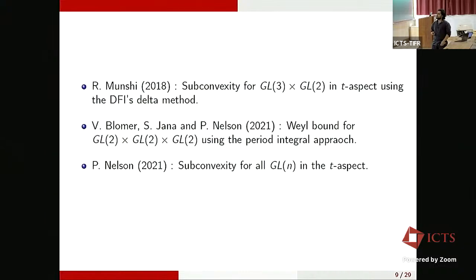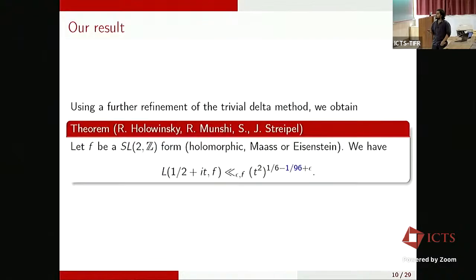So to summarize, the best we know beyond GL1 is the Weyl bound, and that's also just for GL2. So for GL2 we know Weyl, and for GL3 and higher, we are far away from Weyl. So in this work we were able to break this barrier in the GL2 case.